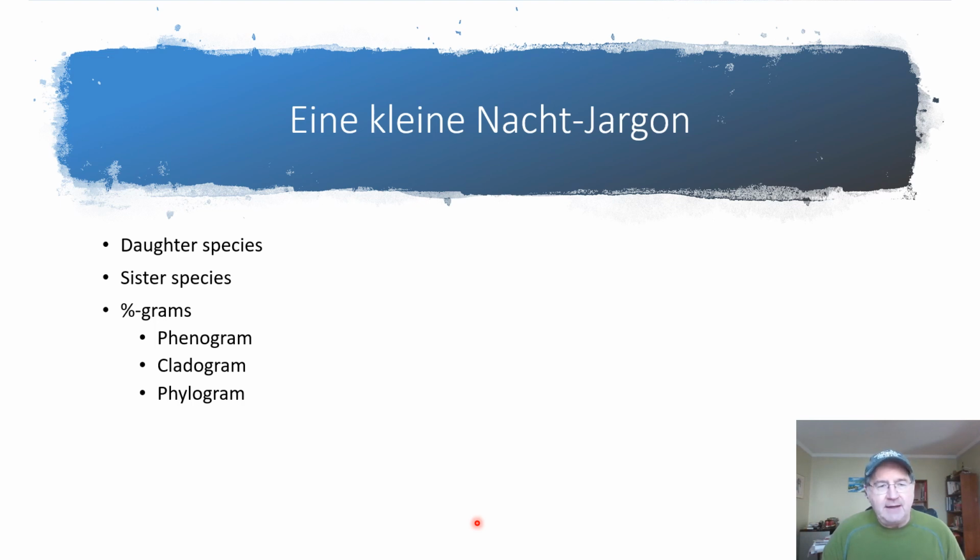This is not a comprehensive listing of it, but these are some of the familiar ones, or common ones that you will run across. First, we have a phenogram. So a phenogram is going to be anything that is produced in a hierarchical clustering technique that is phenetic in nature. So your neighbor joining trees, your UPGMA trees that you did last time in lab, are examples of phenograms.